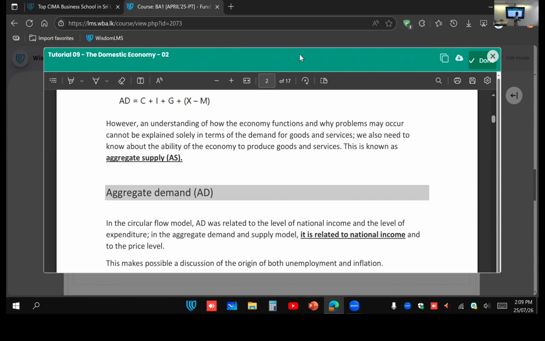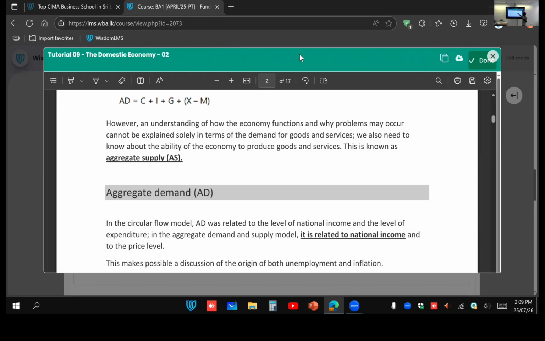That's true. Just like in an individual market, we need to understand, just like national income, how these things came up, just like in the accelerator and the multiplier, when national income increased, what happened? You saw. Similarly, in a parallel manner, aggregate supply is also important, because when the national demand is there, definitely the supply should also be there to reach equilibrium.